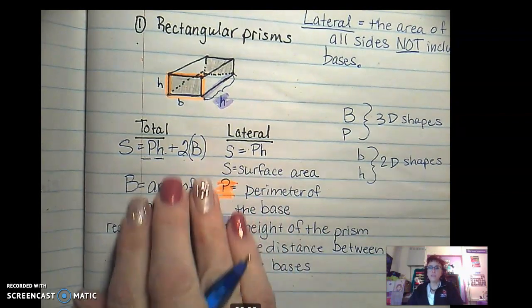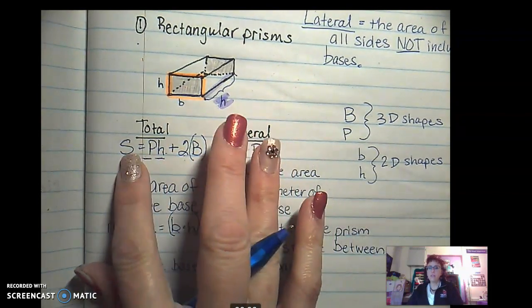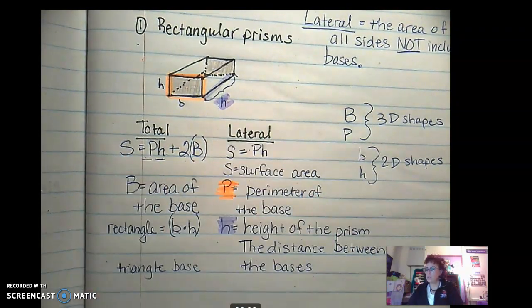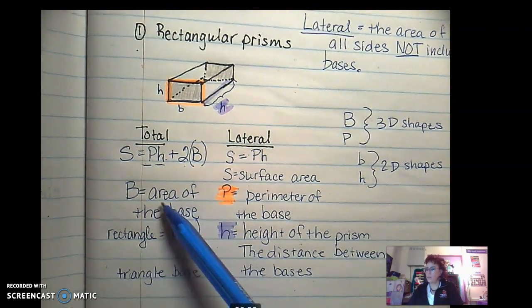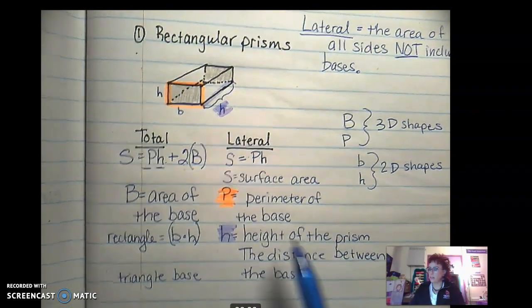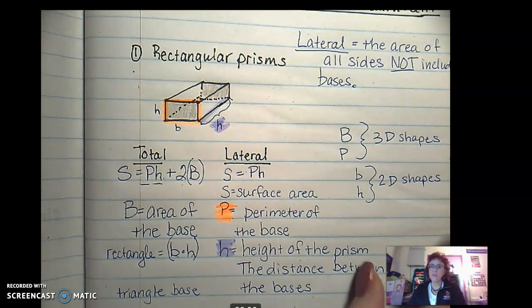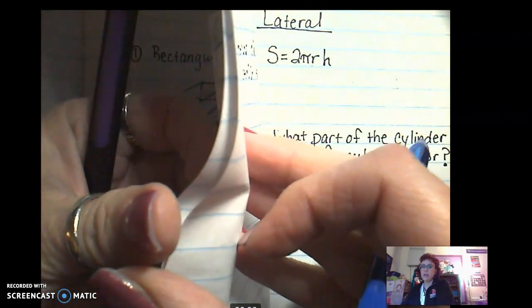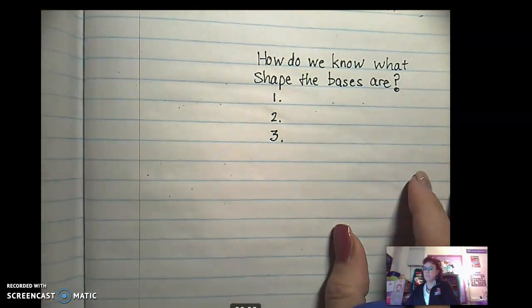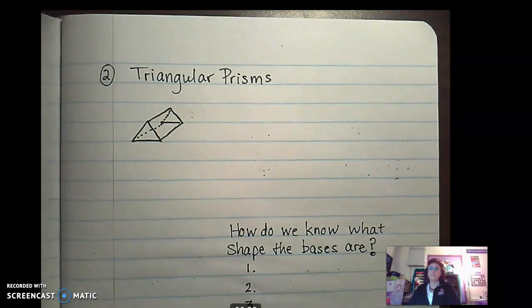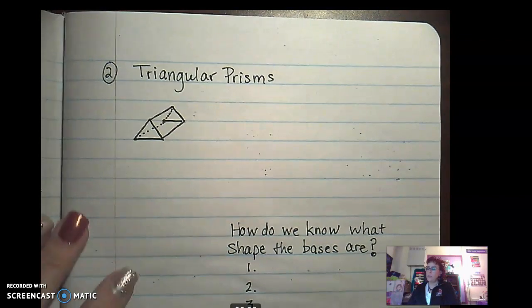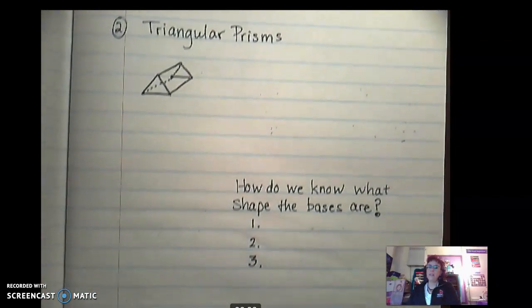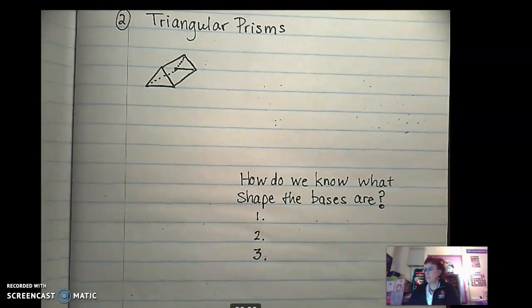Alright, so understanding what all the parts are is going to help you understand what you're doing when you find the surface areas. I will do an example with you in a moment. Here I have a triangular prism. So first of all, how do we know what shape the base is?